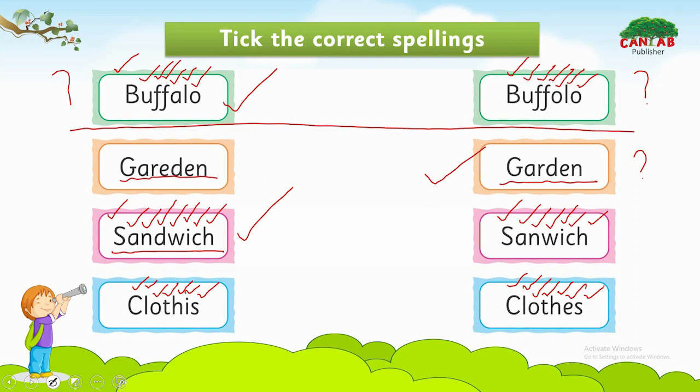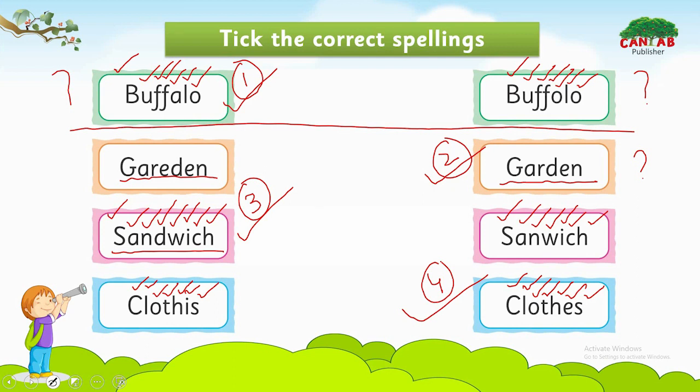Clothes. Which one is the right answer? Shabash. Guess karen. Which one is the right answer? Yes, clothes is the right answer. So among the four, you have selected the right one and you have discarded, rejected the false one.